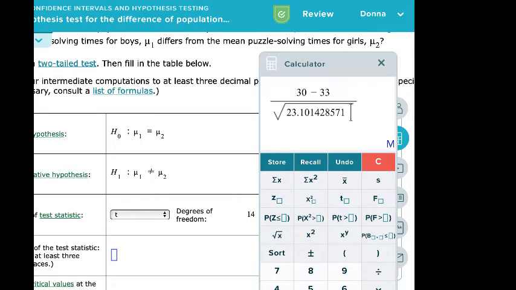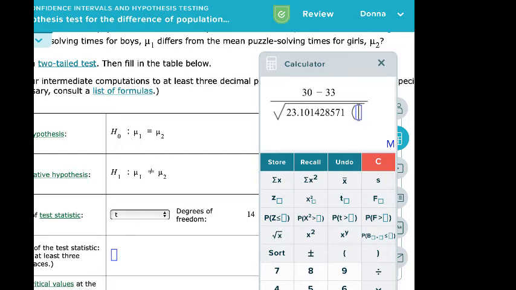I'm going to hit recall. If you want, you can truncate some of those digits, but Alex will take either answer, whether you abbreviate it or not.